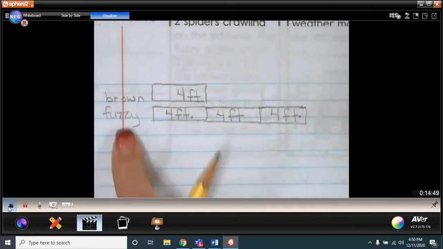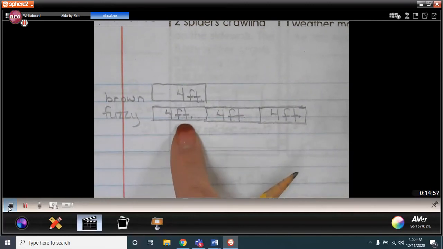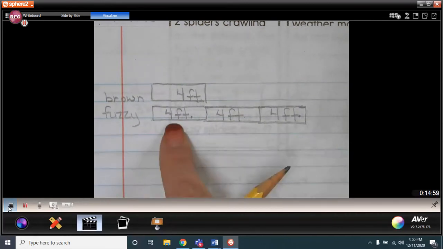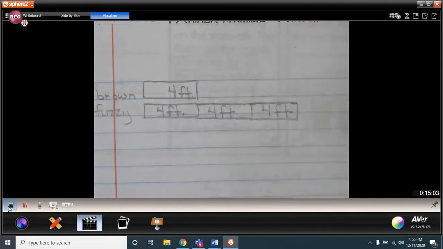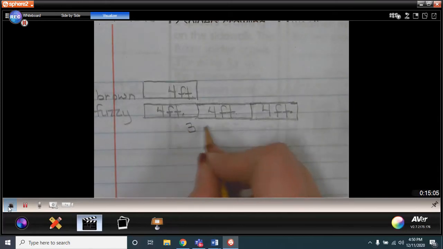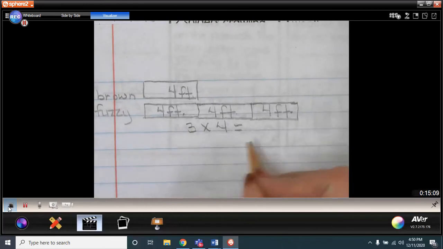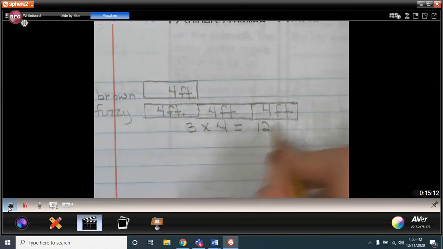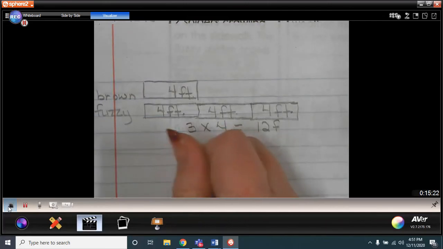Now, if fuzzy spider crawls 3 times as far as brown spider, we know that there's a difference between those 2 spiders. So 4 plus 4 is 8, plus 4 is 12. So we are doing 3 groups of 4, and 3 times 4 is going to be 12. Now, this 3, we said times, right? Well, the times here is the groups. 3 times.